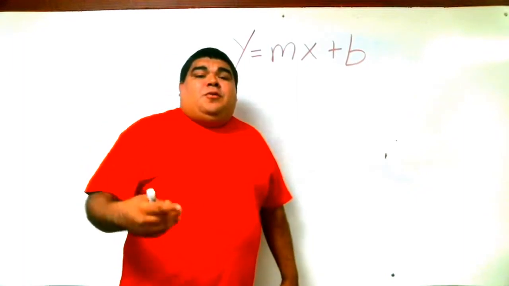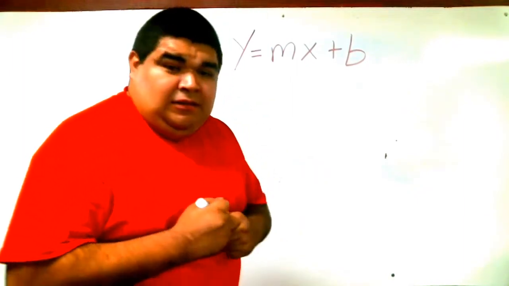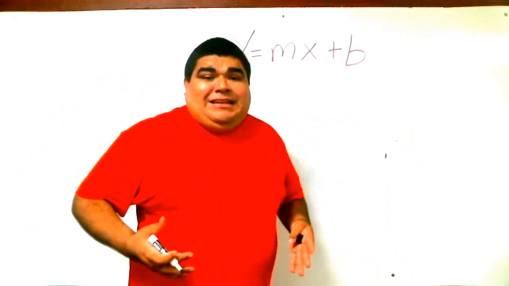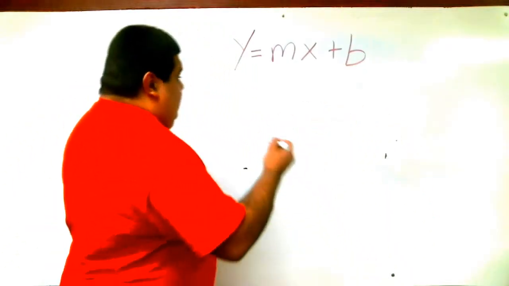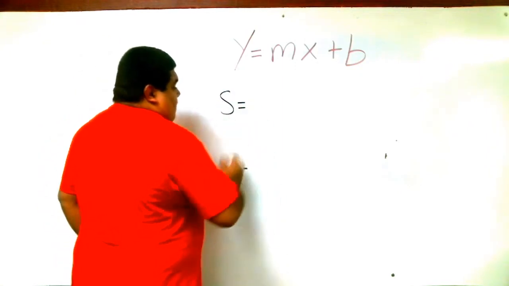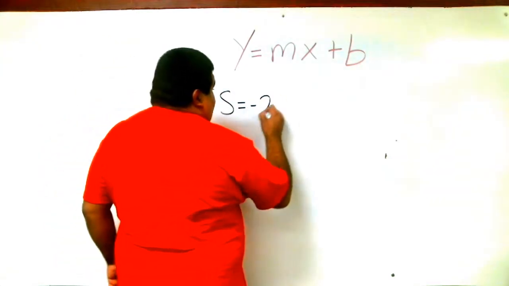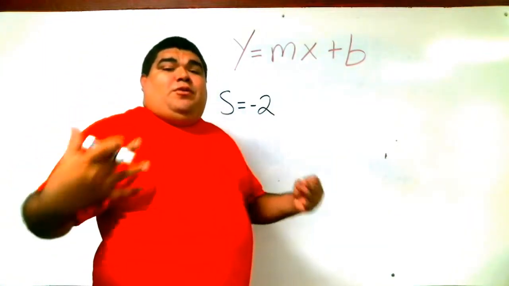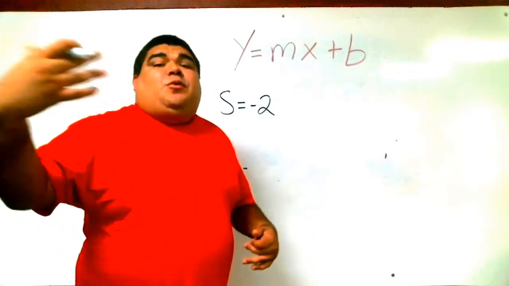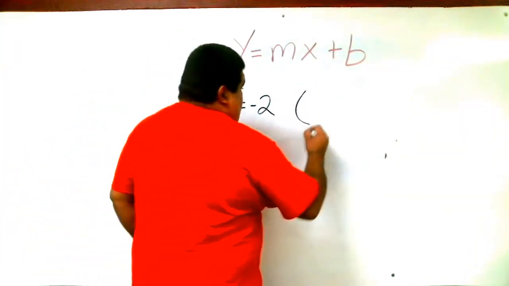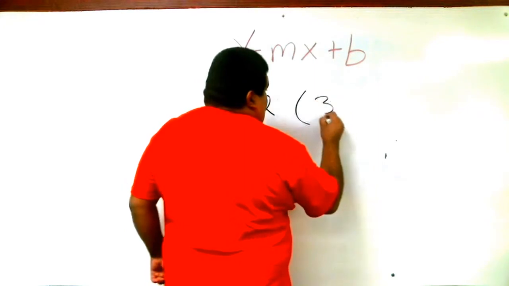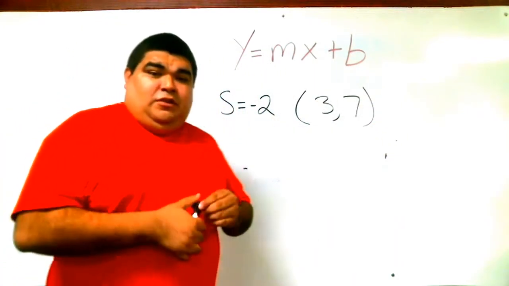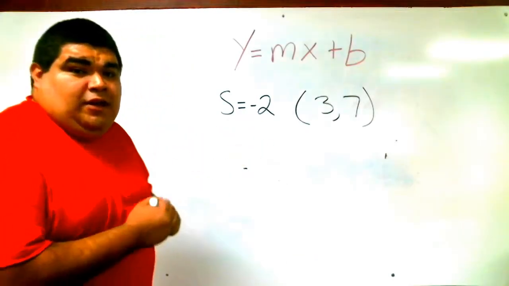All right, so the example for today, luckily, already gives us the slope, so we don't really have to find it. So the slope equals -2, but this equation we're going to create passes through the point 3, 7. Okay, that's the point it passes through. The slope is -2.